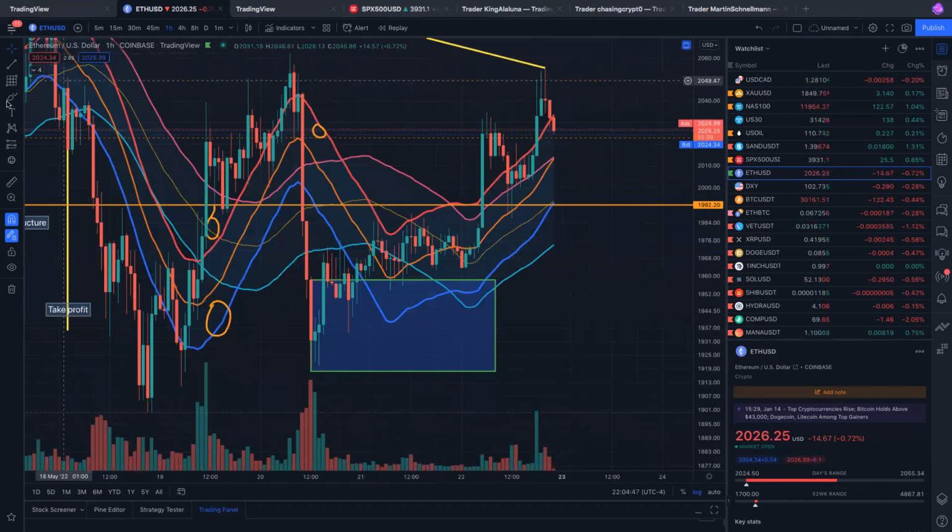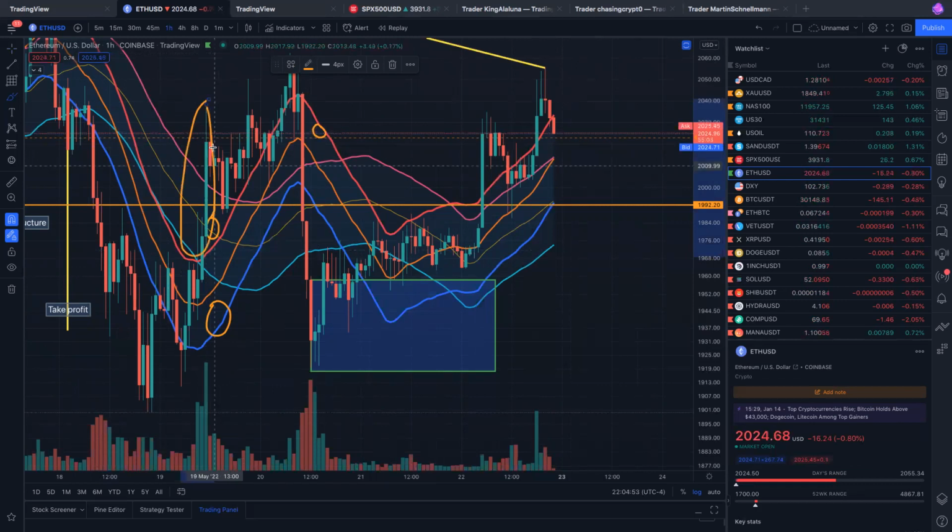So you got this big bullish candle, like I circled right here. Top wick rejection. You wait for the close of this candle. You can either wait for the close of this bullish candle to happen, hop in the next candle, wait for the close to happen, hop in this candle, take it down.